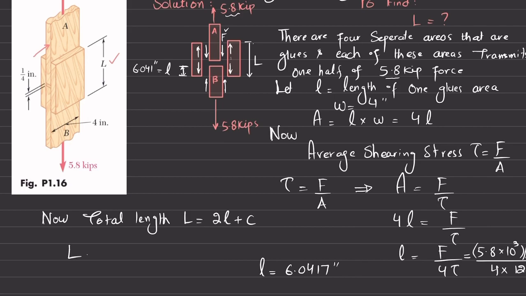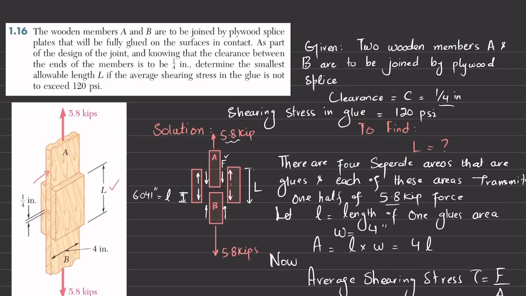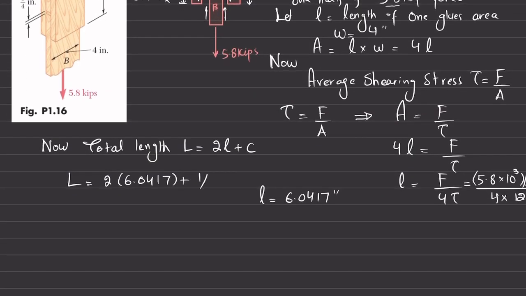So you can just put the value 2 into 6.0417 plus c. c is 1 over 4 inch. That is given 1 over 4 inch, which is 0.25 inch. So after calculating, you will get the total length required will be equal to 12.33 inch, which is the answer.